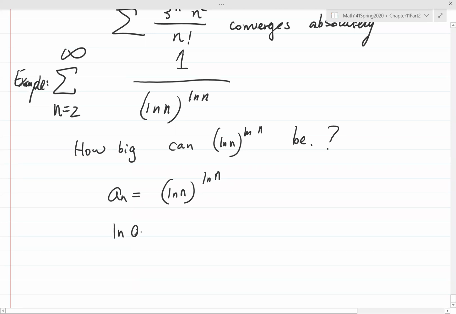If we take ln of a_n, then you get ln of (ln n) to the power ln n. So we use the property of ln, we factor out ln n times ln n. Okay, multiply.